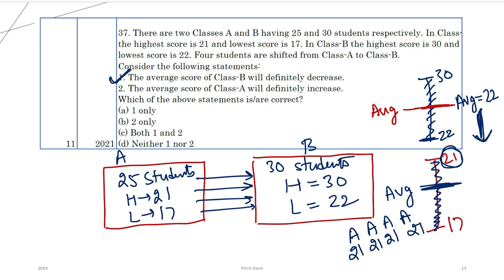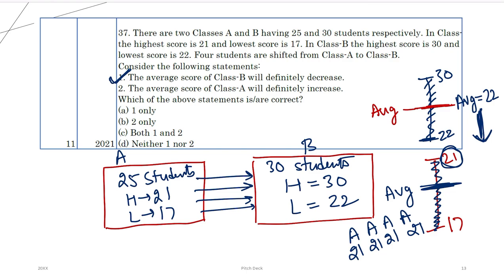Why? Because even with the highest score, 21, students are going into class B, but class B is so brilliant that their lowest is 22, or even if you assume the average is 22, the average is surely going to come down because of those four students.